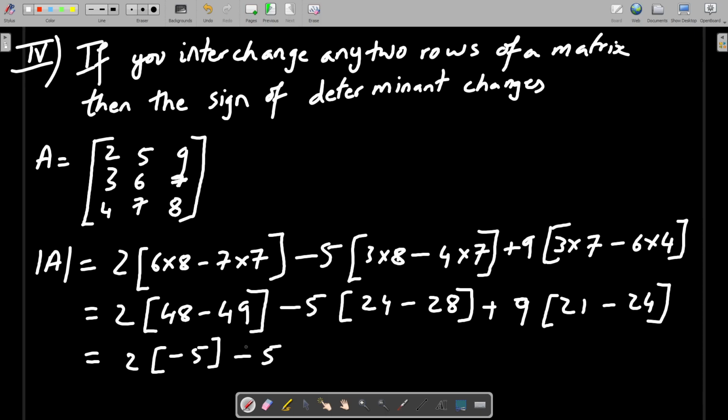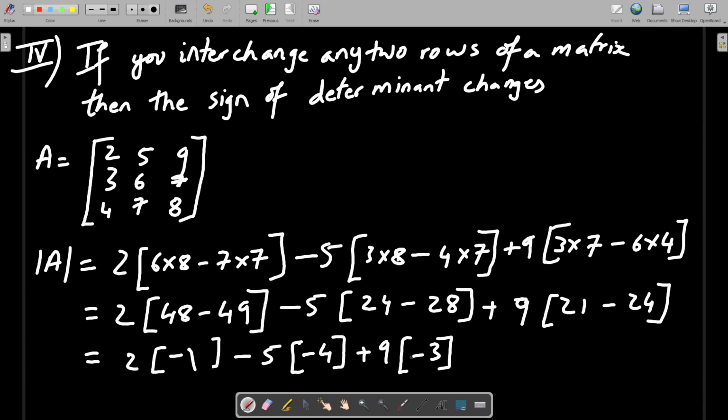So this will become 2 into (48 minus 49), that is minus 1, not 5. Minus 5 was here. So 24 minus 28 will leave you with minus 4, and this will become plus 9 into minus 3.